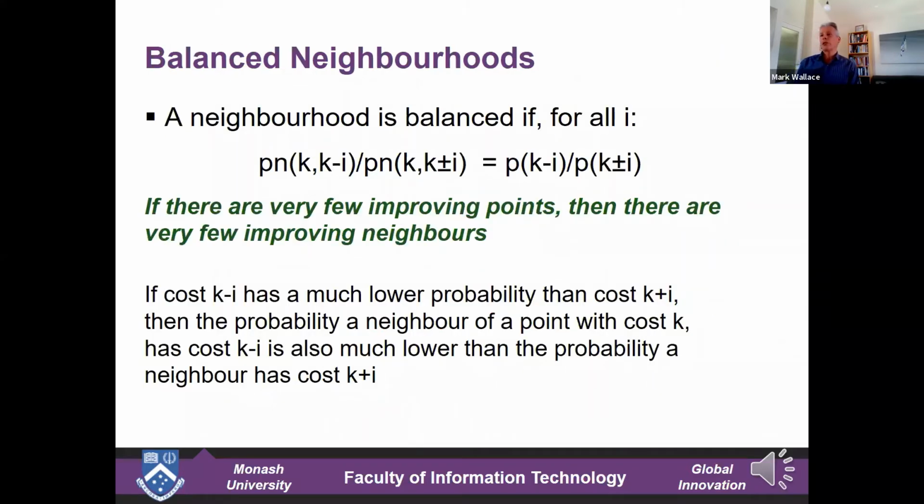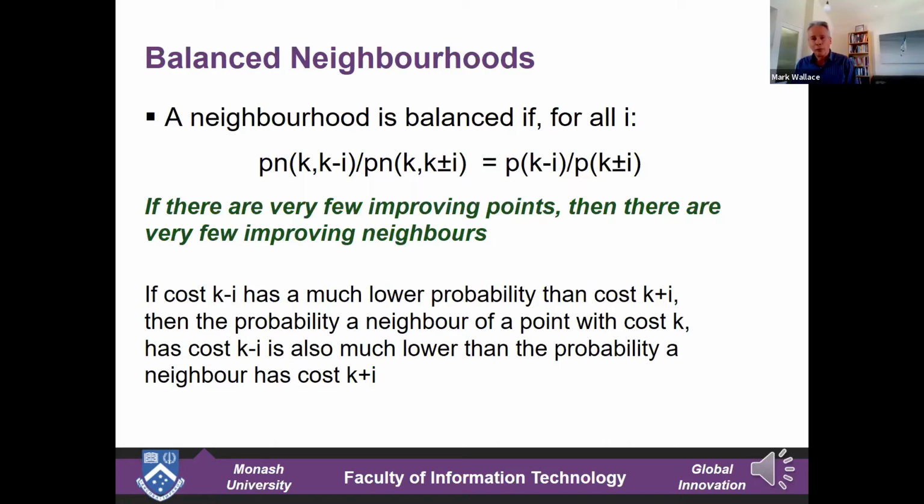The second point is that a neighbourhood is balanced if you don't have any kind of prejudice towards worse points or towards better points amongst the neighbours. So what we're saying is a neighbourhood is balanced if the probability that it gets better, PN K minus I, divided by the probability that a neighbour is at a distance I, is the same as that probability in the search space as a whole.